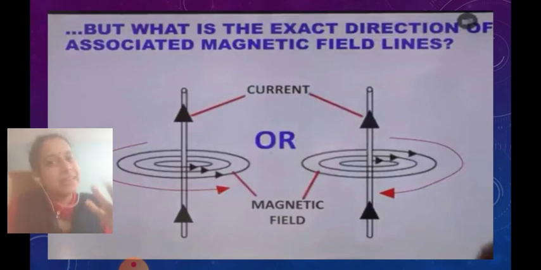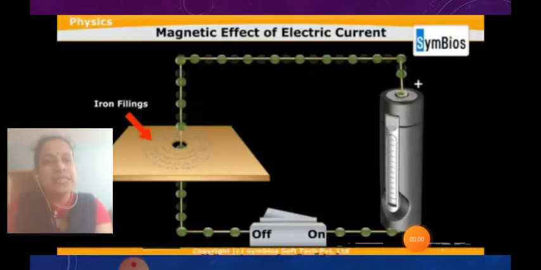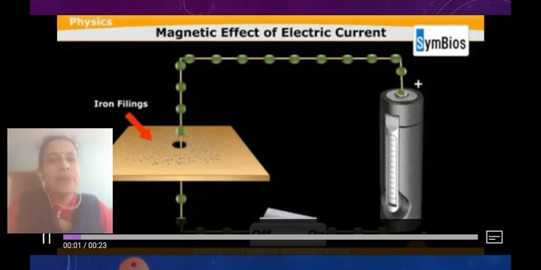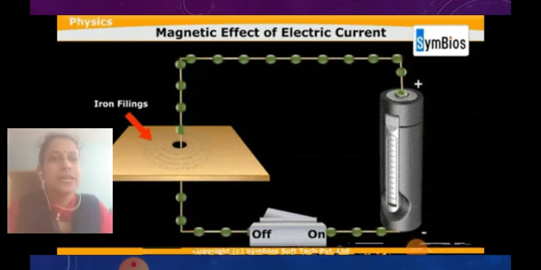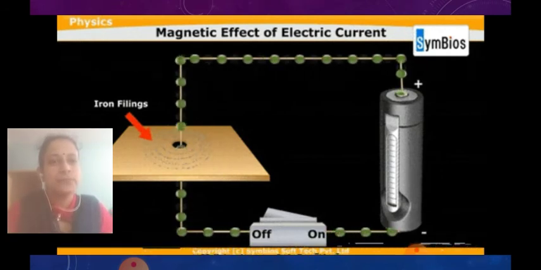But will the magnetic needle be available all the time? No. So there has to be something else so that we can easily find out the direction of the magnetic field. You can see over here in this video, when the current was passed, the current flows from positive to negative.